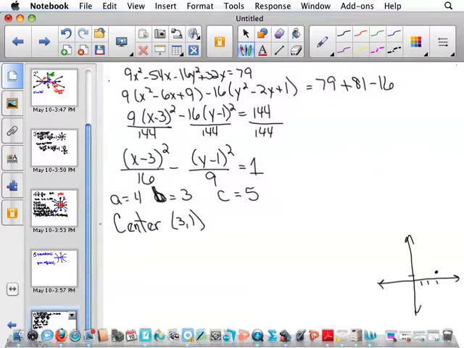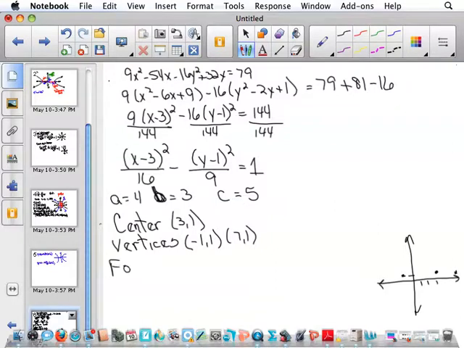So that means that my vertices are going to move 4 units to the left and to the right. So I will have minus 1, 1, and 7, 1 as my vertices. So here and out here.